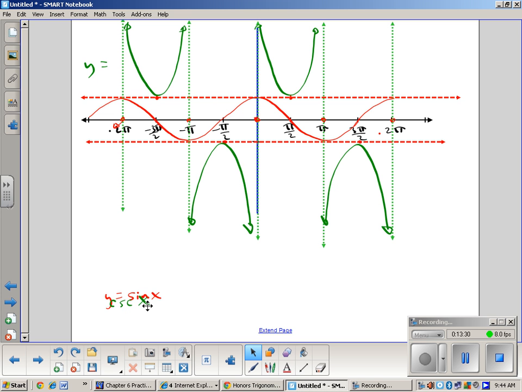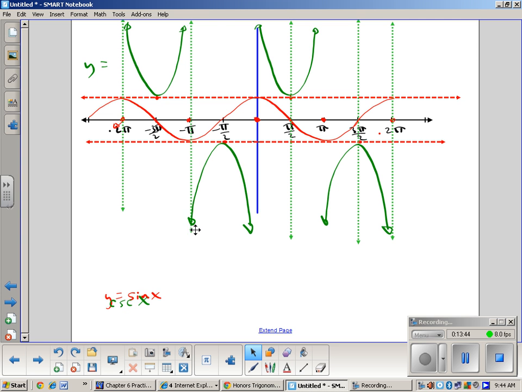Right, so you're saying right here and right here, where the cosine graph is 0. And so that would also be negative pi over 2 and negative 3 pi over 2. Are those asymptotes for the secant?